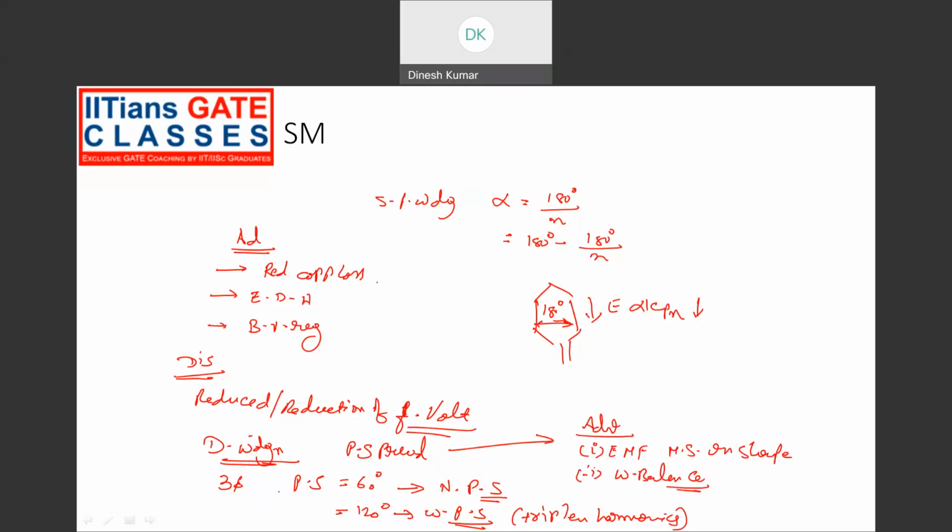The disadvantage is the same as the short pitch winding, that is reduced fundamental voltage, because in distributed winding there is one more factor called distribution winding factor Kdn. So E is also proportional to Kdn. Since it is less than 1, the induced EMF gets reduced.